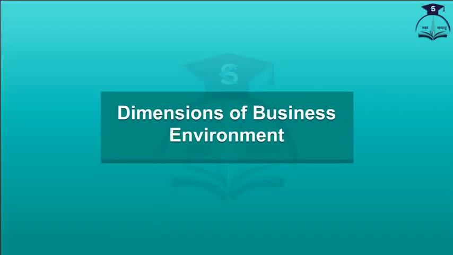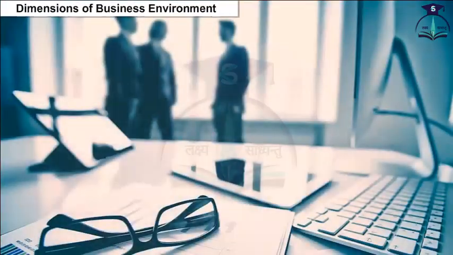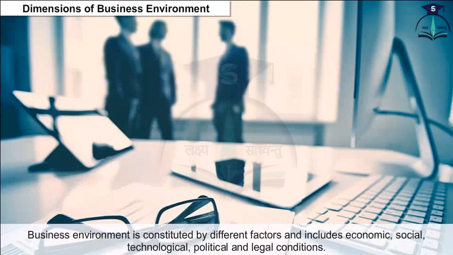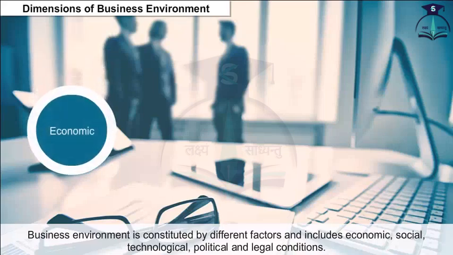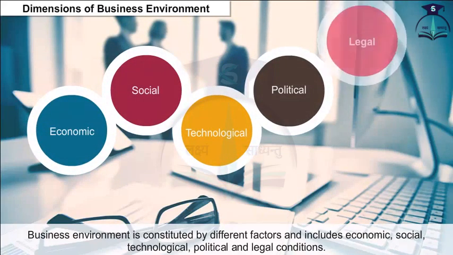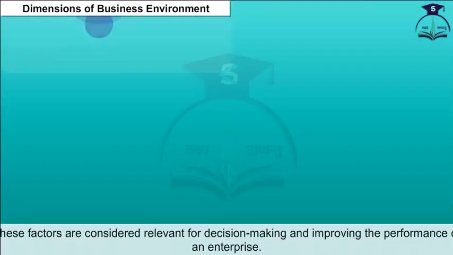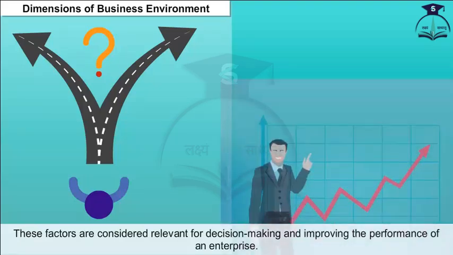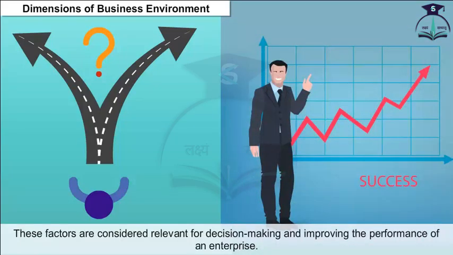Dimensions of business environment. Business environment is constituted by different factors and includes economic, social, technological, political, and legal conditions. These factors are considered relevant for decision-making and improving the performance of an enterprise.